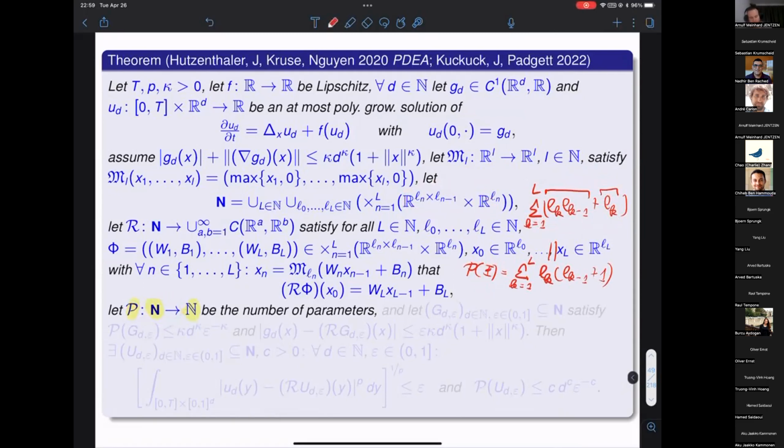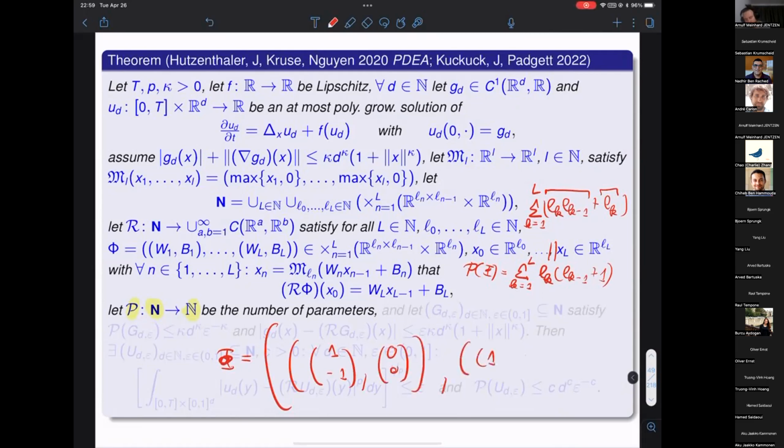For example, I give you one short example. Say phi is equal to the pair with the matrix (1, -1) and vector (0, 0), and then another matrix-vector pair with matrix (1, -1) and vector 0. So this is an element of the set of neural networks, a 2-tuple, a pairing. The first is the first affine linear transformation, and the second is the second.